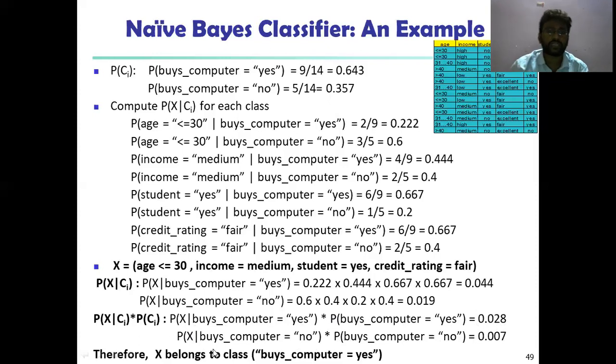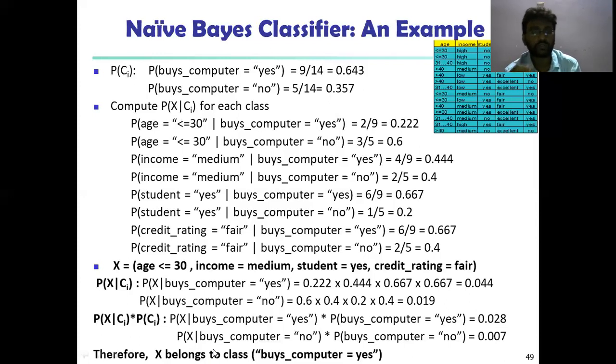Therefore, X belongs to the class where buys computer is yes. So the maximum probability value is for yes. The maximum classifier will identify X as belonging to the class where buys computer is yes.